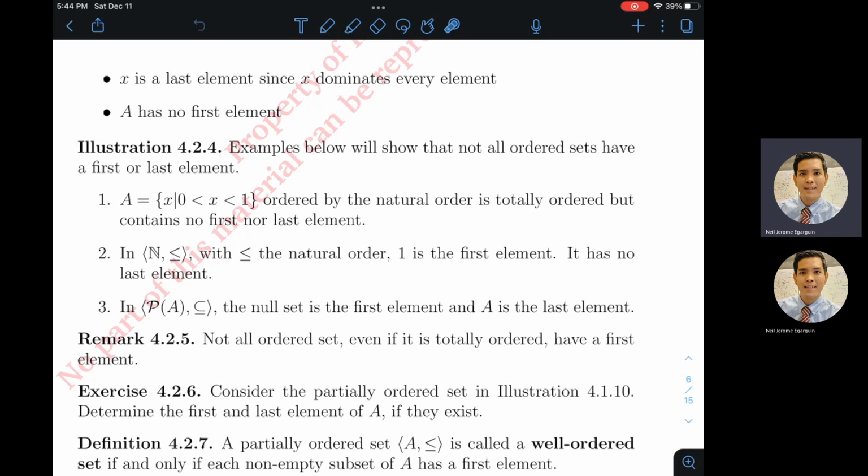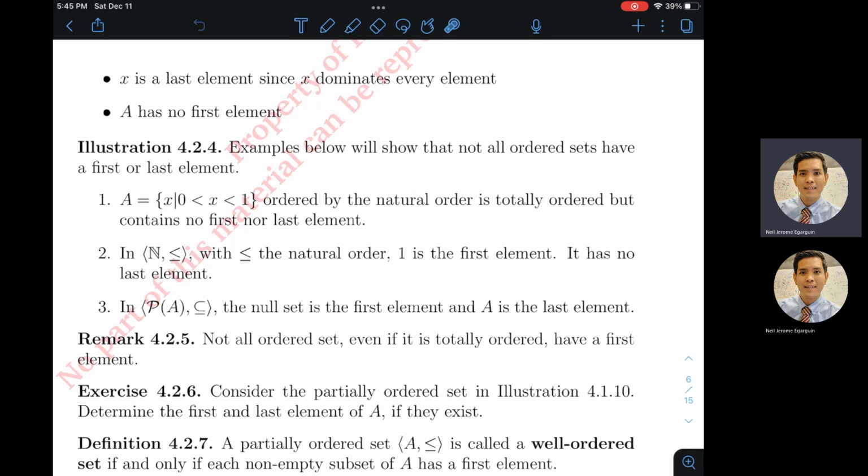So dapat comparable siya sa lahat. So siguro at the back of your minds are thinking right now na siguro magkakaroon tayo lagi ng first at last element kapag ka meron tayong total order. Pero this example, the first example, will show that even if we have a total order, it is not guaranteed to have a first or last element.